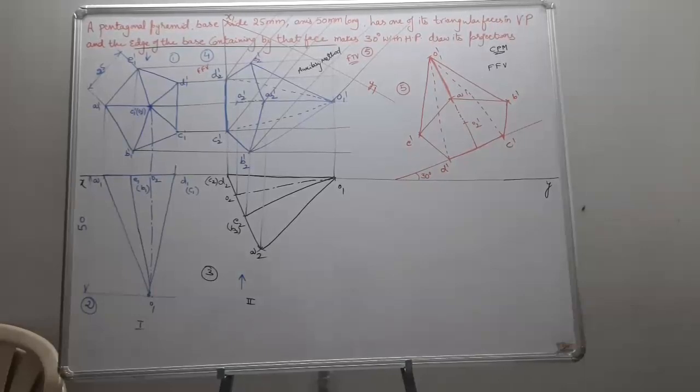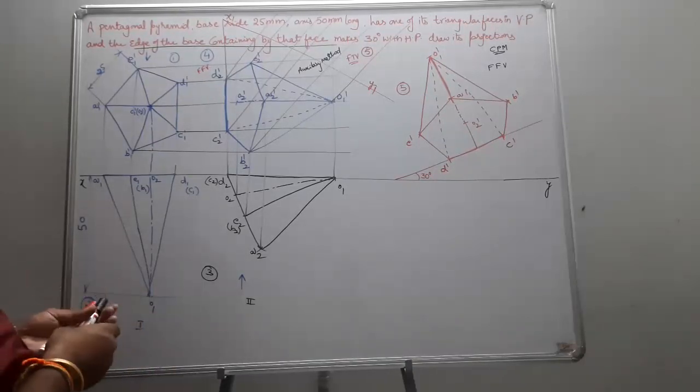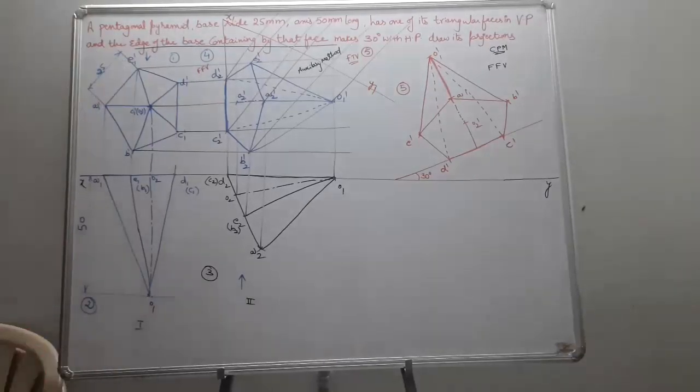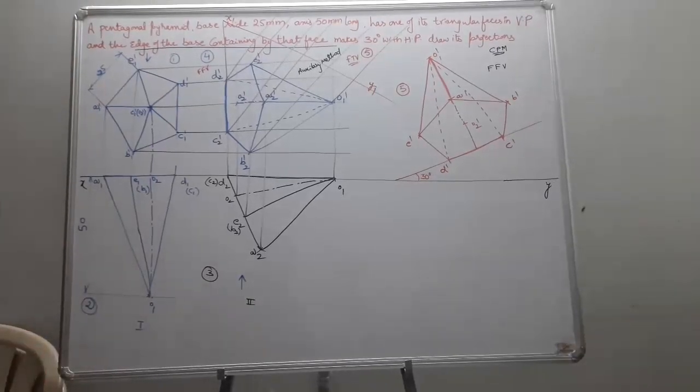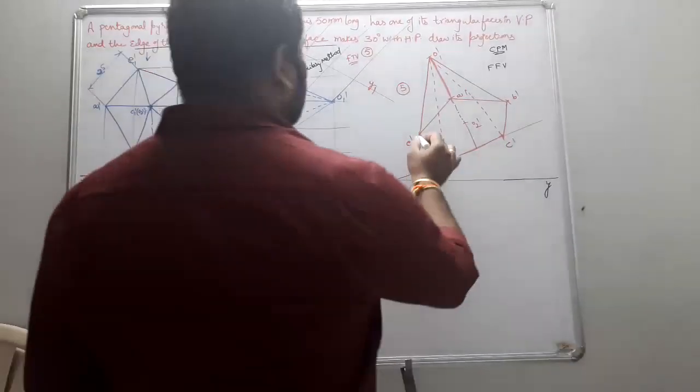Okay, students. Now, once you obtain your final front view, you require your top view. You just draw the vertical projectors from the obtained front view.